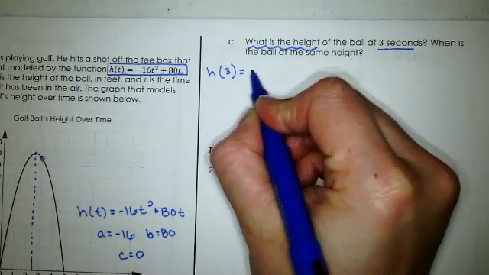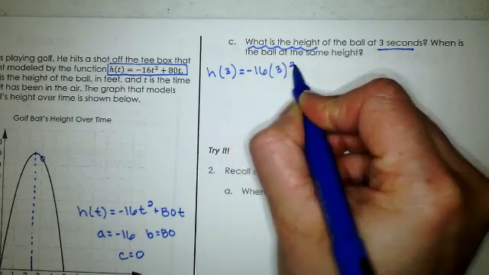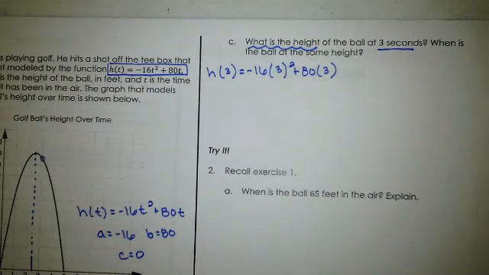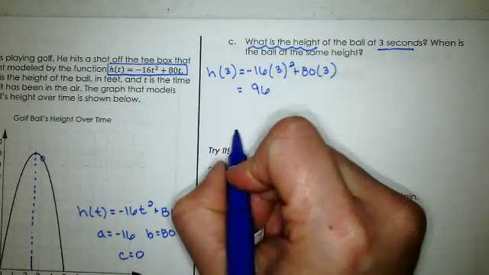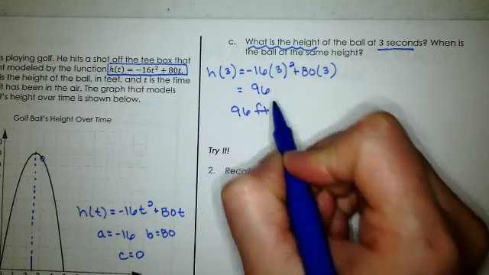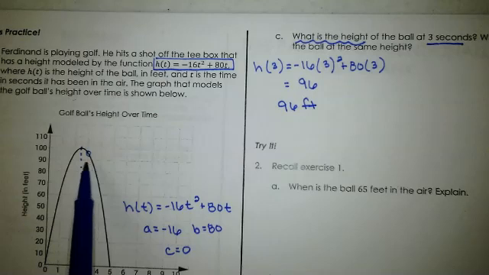So h(3) equals -16 times 3 squared plus 80 times 3. Plug all that into the calculator, and you get out 96. So in 3 seconds, the ball is at 96 feet, which seems to fit with our graph because we said it was going to be in between 90 and 100.